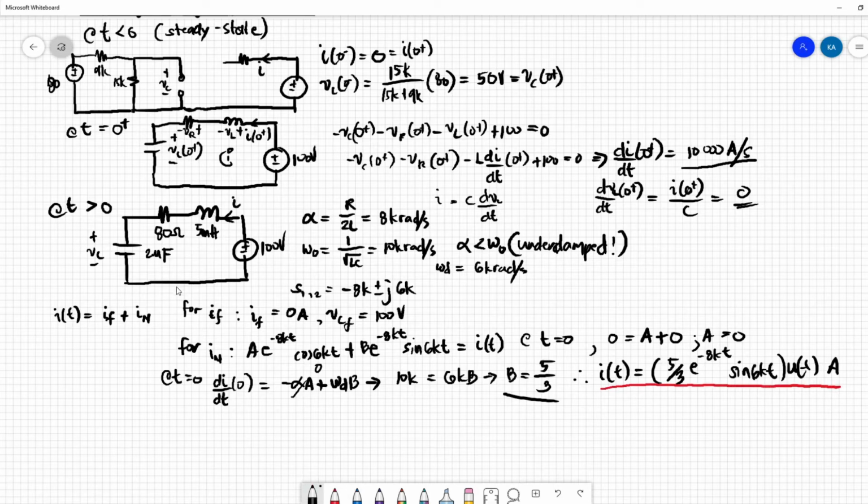So how do you solve for the expression Vc of t? We all know the current across the capacitor. Given the current across the capacitor, the voltage across the capacitor can be solved using this formula: 1 over C integral of i of t dt plus the initial value of v.